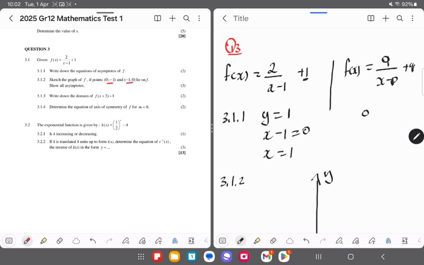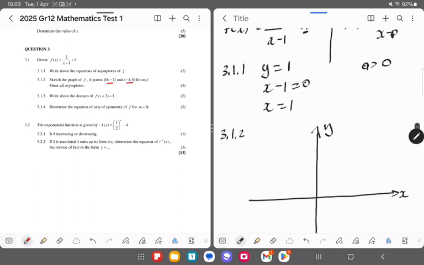So the value of a influences how the shape of your graph will look between your asymptotes. If a is greater than 0, then your graph will look like this between your asymptotes.